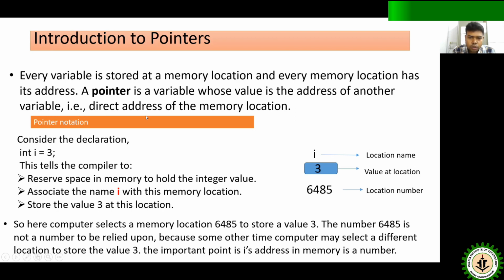That means, considering the memory location 6485, if we have another variable, suppose p, and within p we store that value 6485, then p will be called a pointer. A pointer is a variable which stores the address of another variable.